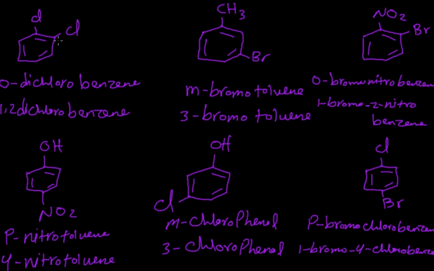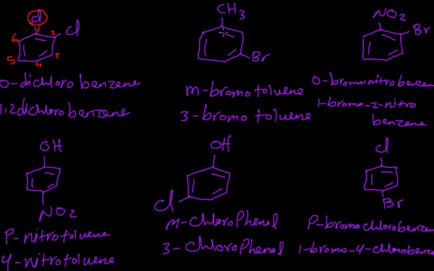As you know already, if I number it 1, 2, 3, 4, 5, and 6, the second and the sixth positions are ortho to this group, 3 and 5 are meta positions, and 4 is the para position. So this compound should be called orthodichlorobenzene because the two chlorine atoms are ortho to each other, or simply 1,2-dichlorobenzene.